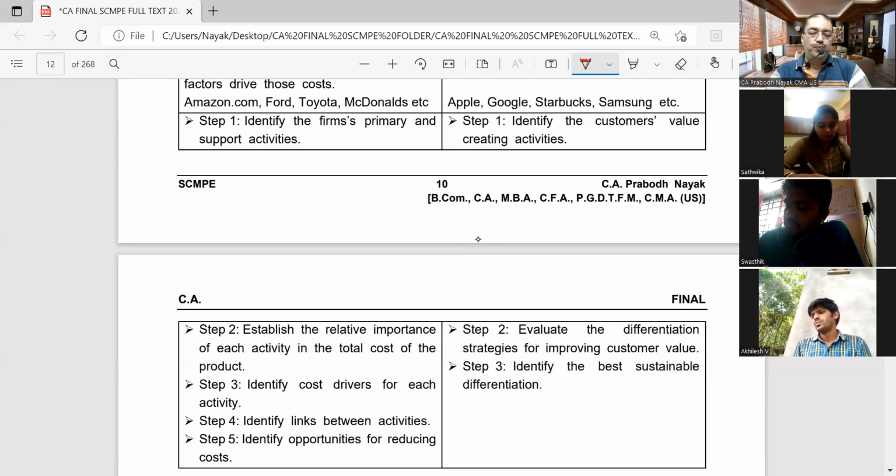Step number 2. Just write establish relative importance of each activity. Only write that much. Establish relative importance of each activity.